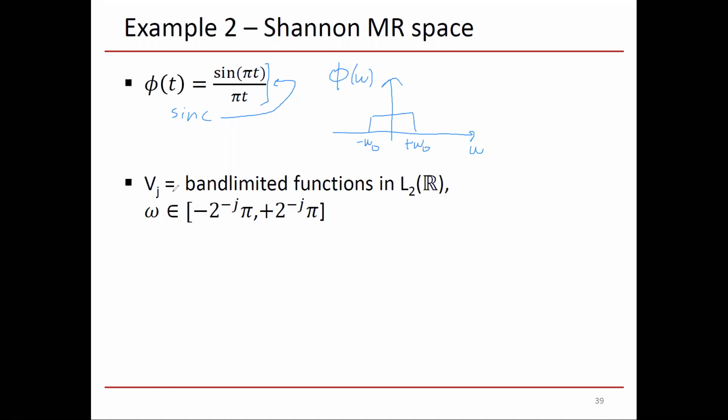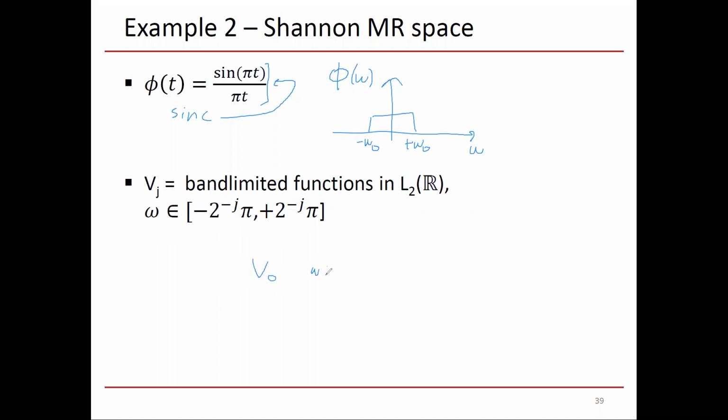Now, Vj is a set of band limited functions in L2 of R. And they're band limited such that omega is between -2 to the minus j pi and plus 2 to the minus j pi. So let's work through a few examples.